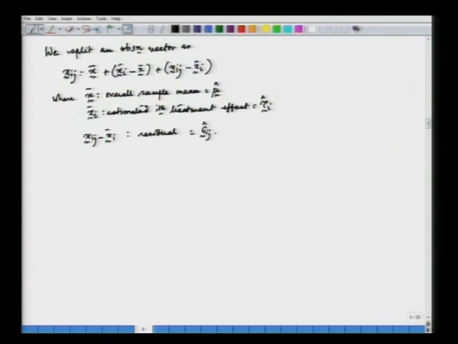So, we are going to look at how we obtain the treatment sum of squares, the residual sum of squares and the total sum of squares, and we follow it up with the one-way MANOVA table, and also look at the test statistic for the hypothesis that we have stated.